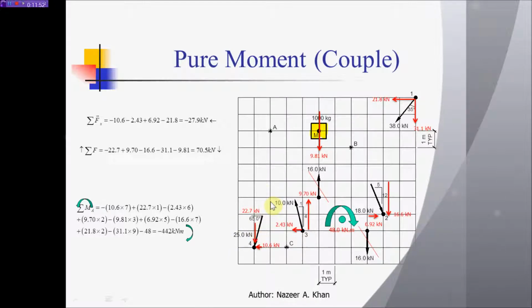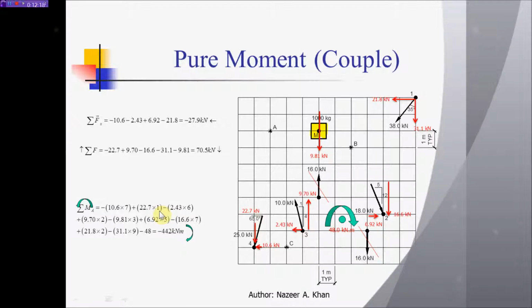When we look at the perpendicular distance to the line of action, it's going to be 1. It's going to rotate it in a counterclockwise direction. So the counterclockwise, according to this sign convention, is positive. So we have a positive there, 22.7 times 1.